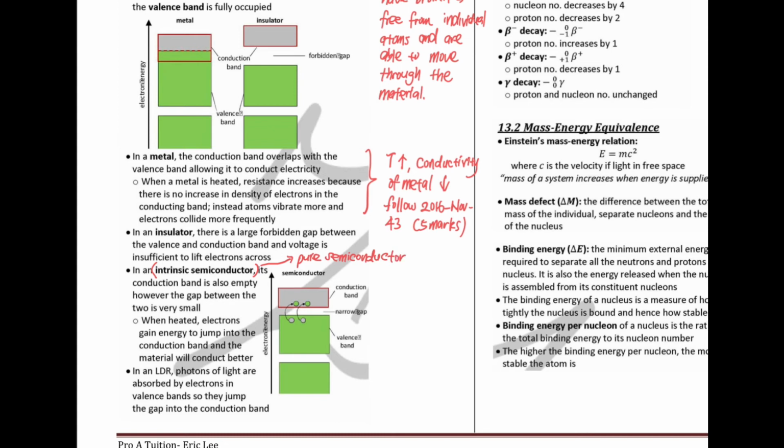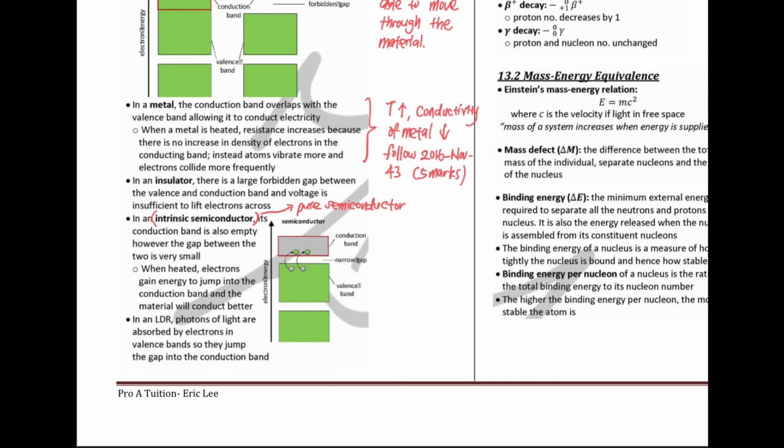You add some other atom into the semiconductor. Okay, so semiconductor in chemistry, if you remember your periodic table, some of the members are from group 14, like silicon. So in an intrinsic semiconductor, that means it's pure, it's just 100% silicon.